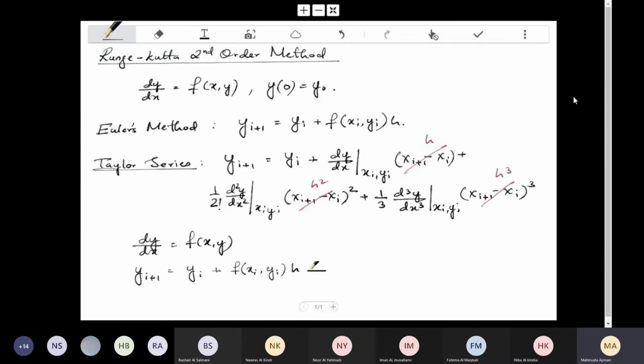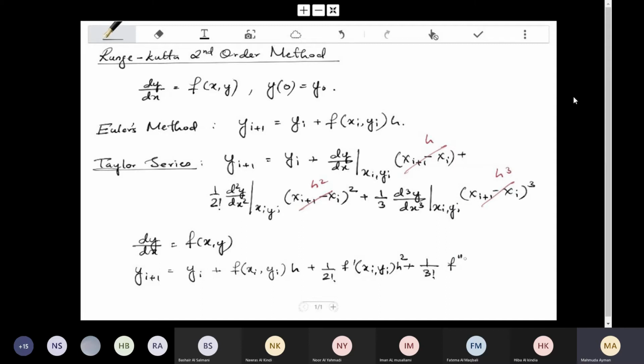So we have here h plus 1 over 2 factorial f prime of x i, y i, plus 1 over 3 factorial. Okay, I forgot to write here h squared.